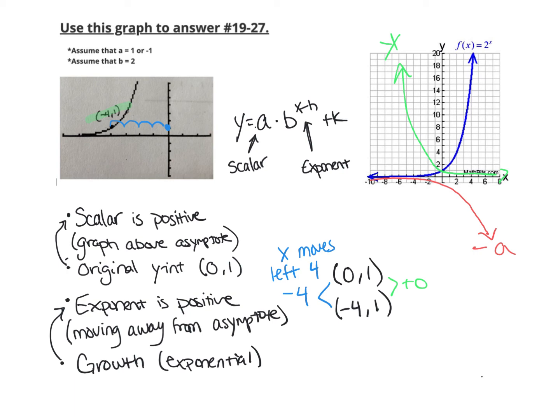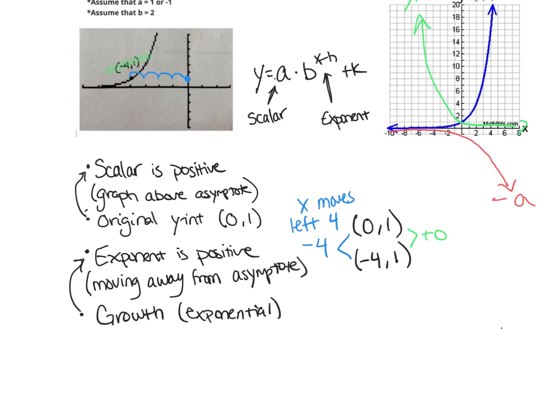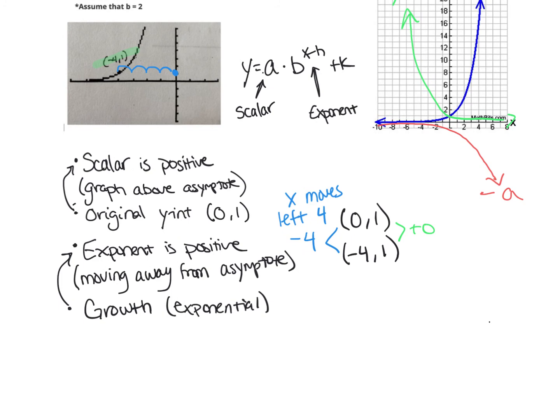But now it's time to finally write our equation. So if we use y is equal to a times b to the x minus h plus k, we're going to have, for our equation, I'm going to move this up just a little bit. There we go. We're going to have y is equal to, our a value is either 1 or -1. In this case, it's a positive 1, times our base of 2. We're going to assume our base is 2.